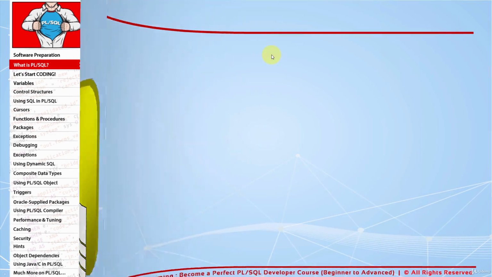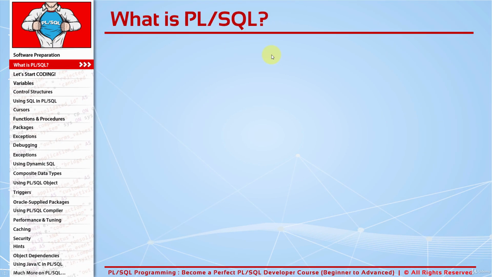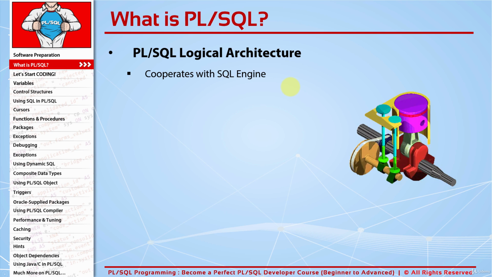Let's continue with the logical architecture. Let's open up a bit how PLSQL works. It cooperates with the SQL engine. As I said now, PLSQL is tightly integrated with SQL.